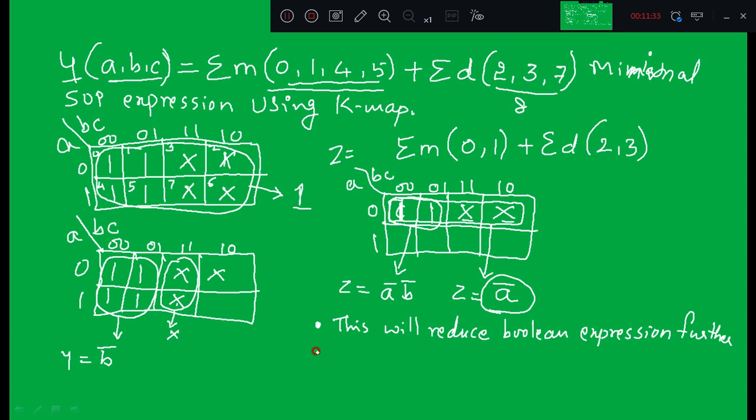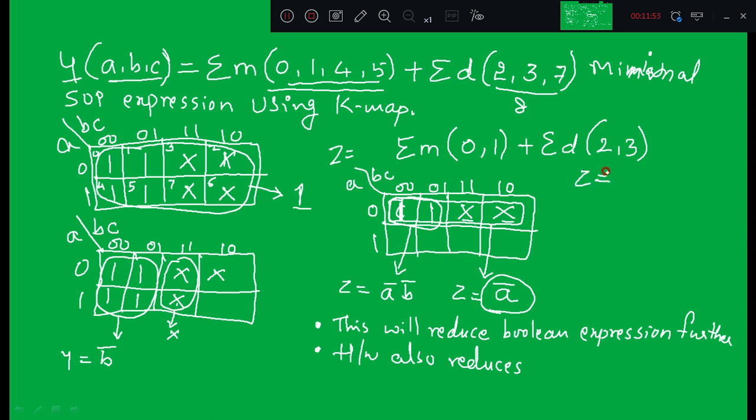And second, if the Boolean expression reduces, then the hardware also reduces. How the hardware reduces, I'll show you with an example.